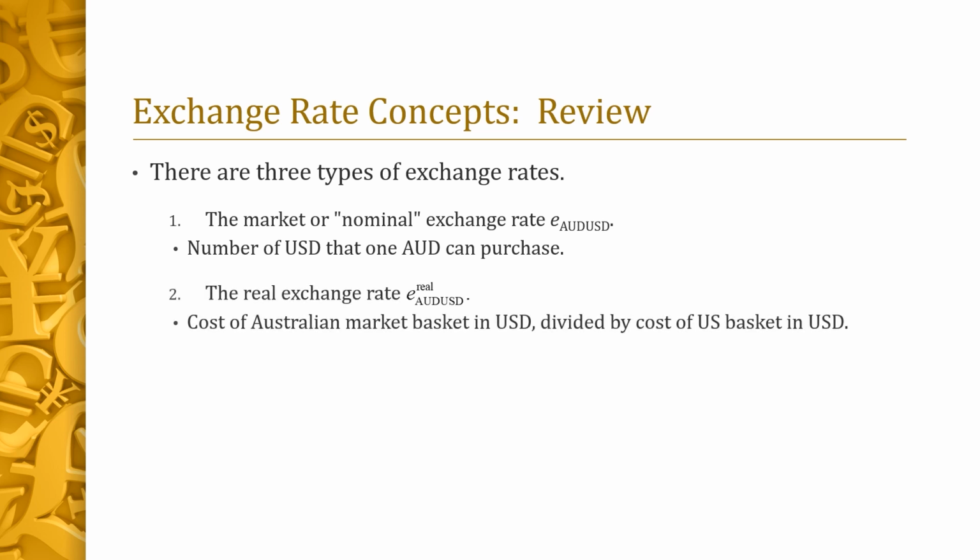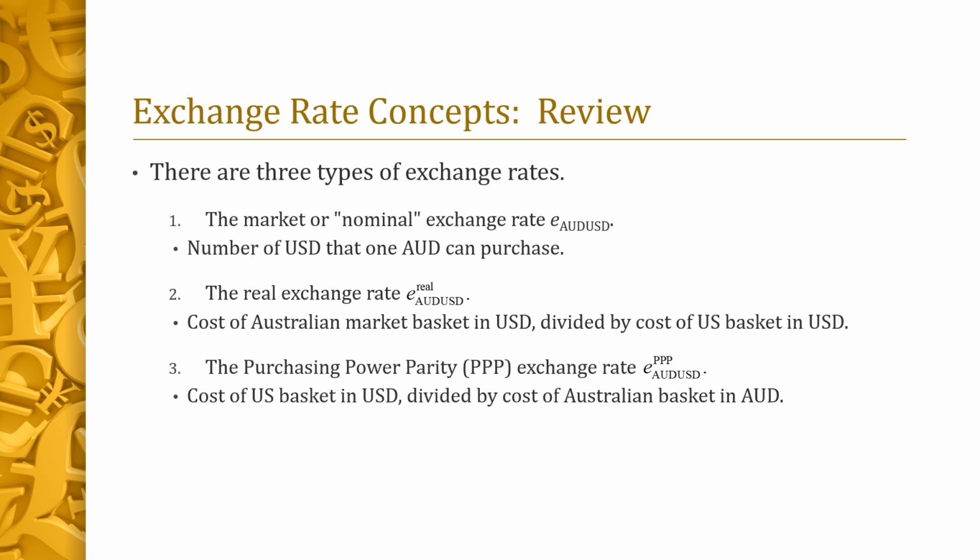The real exchange rate equals the cost of a fixed market basket in Australia in US dollars divided by the cost of the same basket in the United States in US dollars. The purchasing power parity, or PPP exchange rate, equals the cost of the US market basket in US dollars divided by the cost of the Australian market basket in Australian dollars.